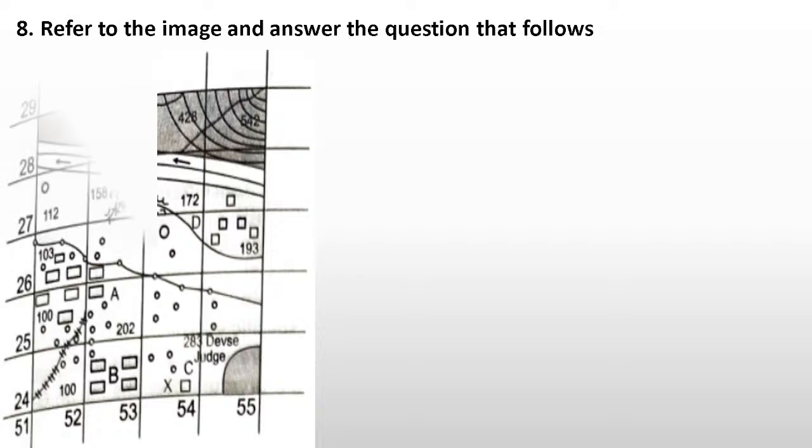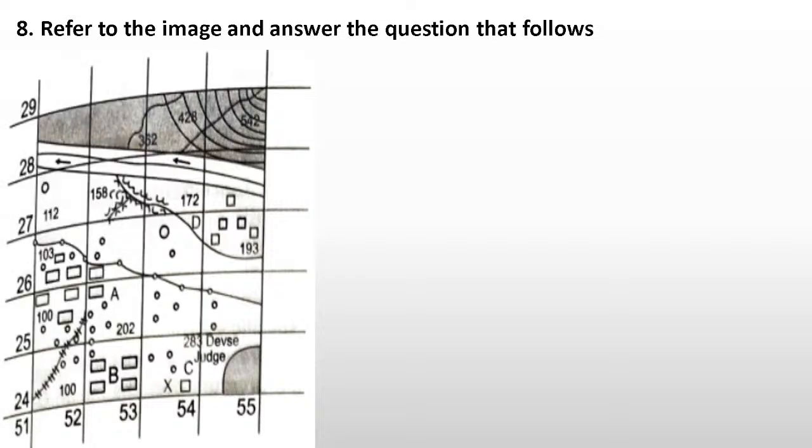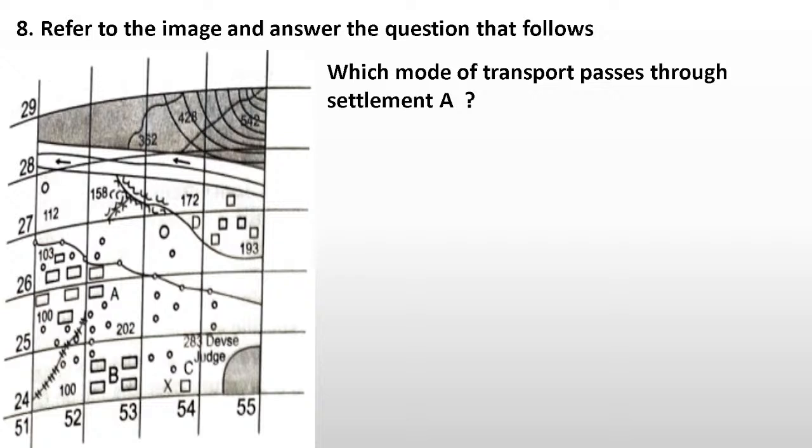Refer to the image and answer the question that follows. So this is the image. Which mode of transport passes through settlement A?